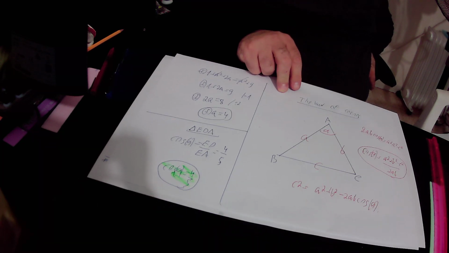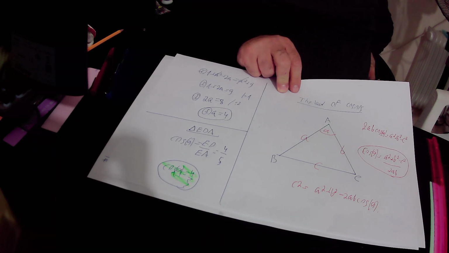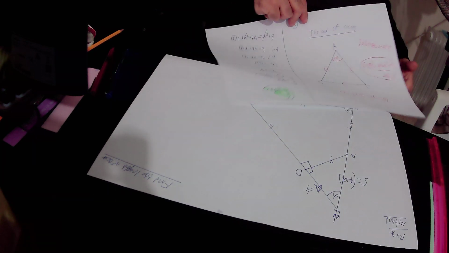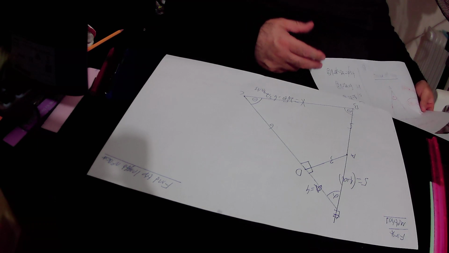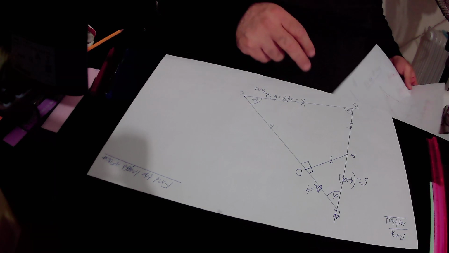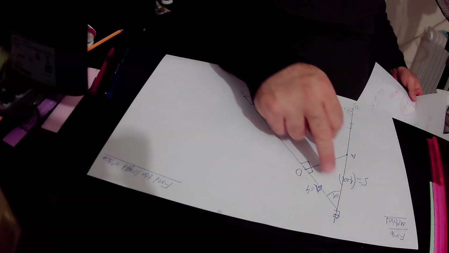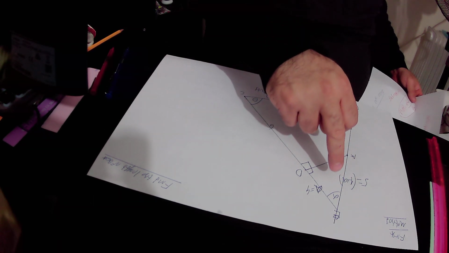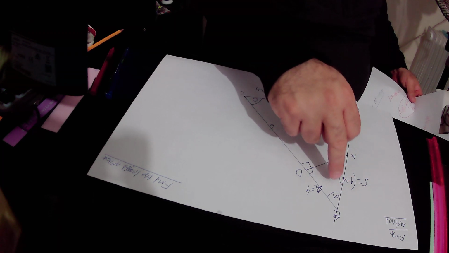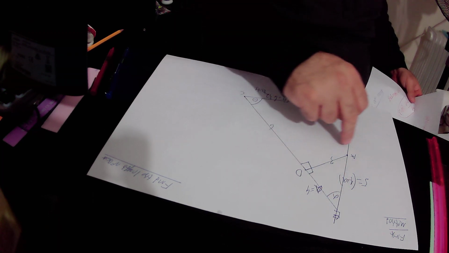Then, as I already told you, we can implement this rule, the law of cosines, in triangle ECB. First of all, we defined angle BEC as alpha. In the small right triangle AED, cosine alpha equals ED over AE.